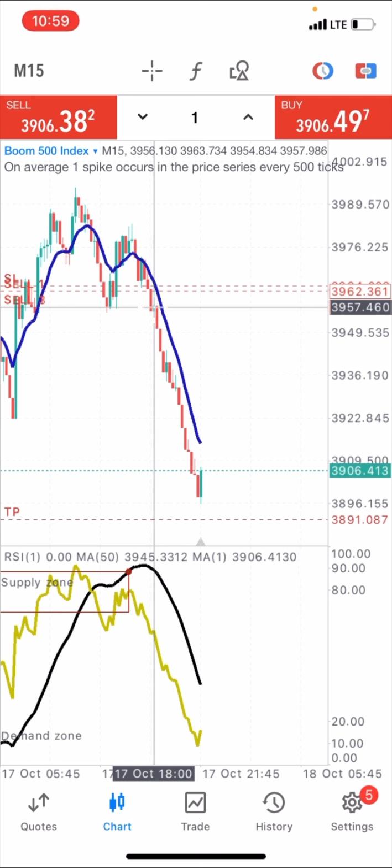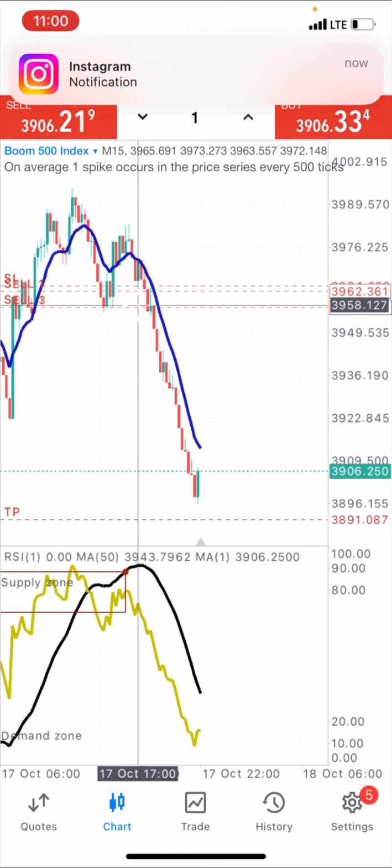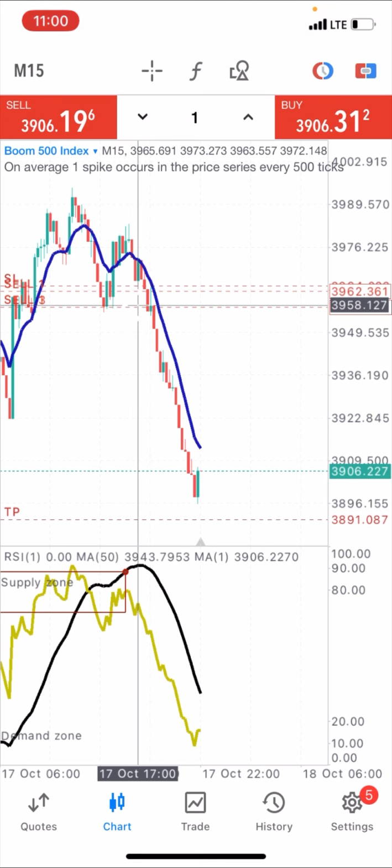Okay, so that being said, I want to show you guys in this particular video why I emphasize the need for confluences and how you can use these indicators to get yourself good confluences that will give you good trading entries.